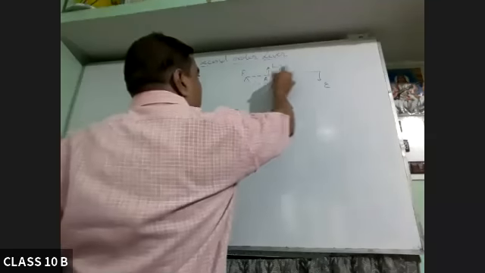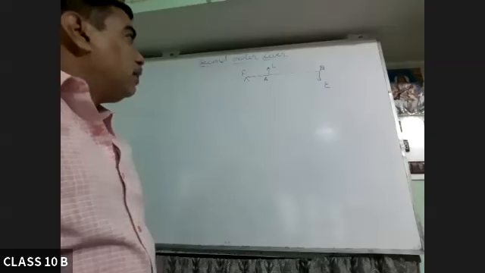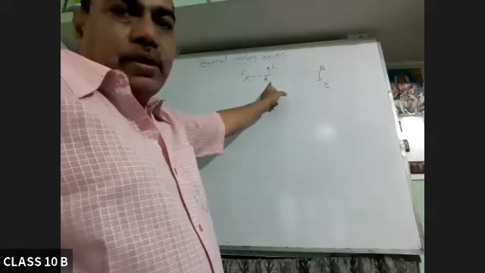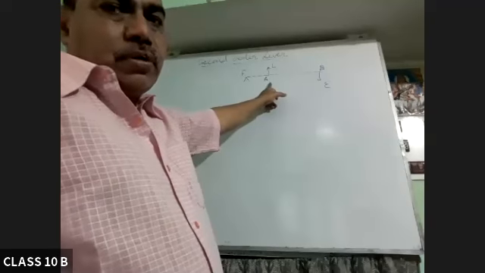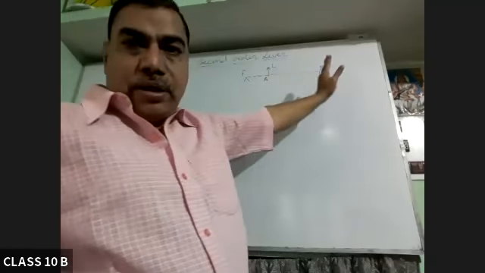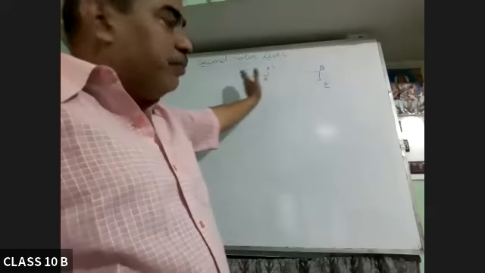So suppose this is A, this is B. Now what is the effort arm? FB. Load arm? FA. Whether the load is here or anywhere, the effort arm will always be more than the load arm.